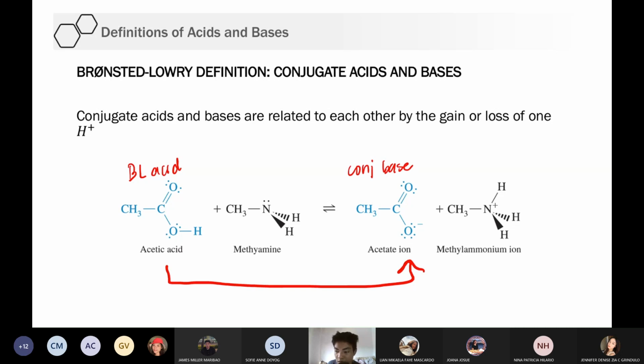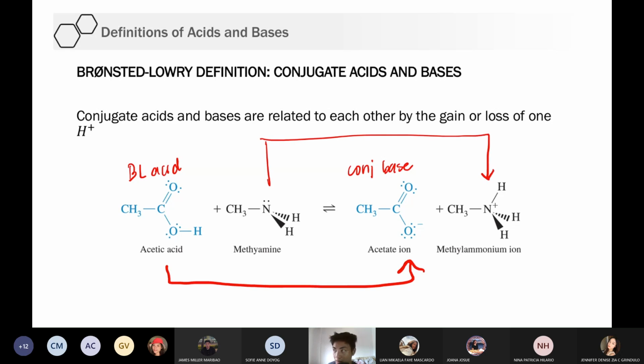Okay, so ano yung difference ng acid and conjugate base? Nabawasan lang ng H. So tignan mo, isang hydrogen lang difference nila. From acid to conjugate base, babaklasan mo lang siya ng isang H. Yung OH naging O minus na lang. Okay? So, this is the Bronsted-Lowry acid. It lost the proton. Once it lost the proton, tawag sa kanya ay conjugate base. Okay, how about this one? Methylamine.